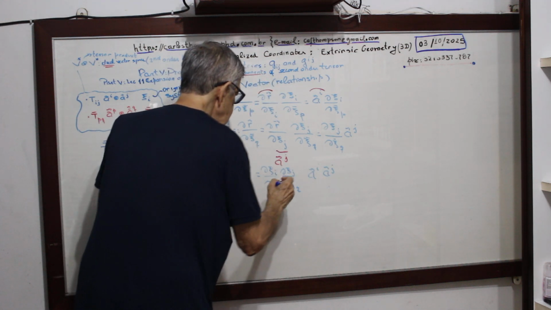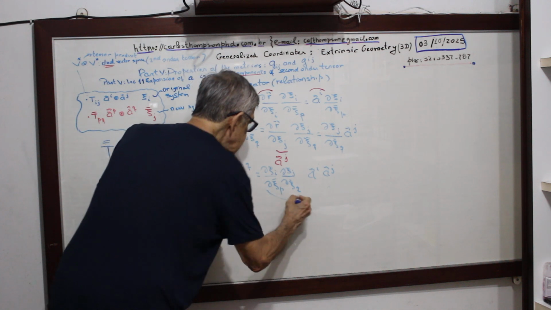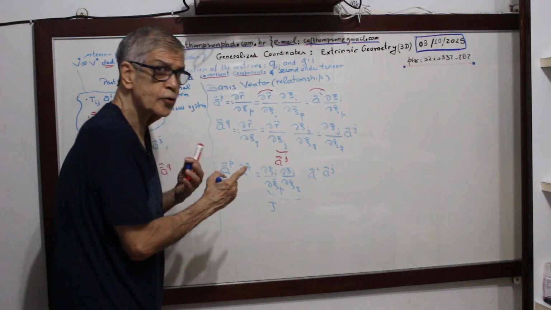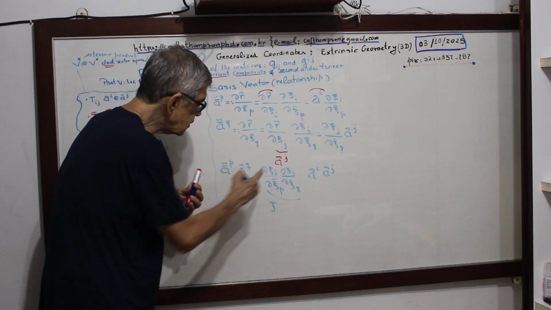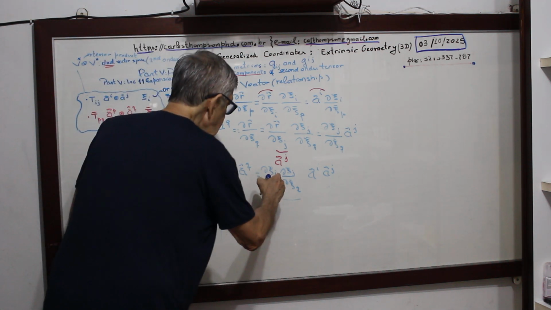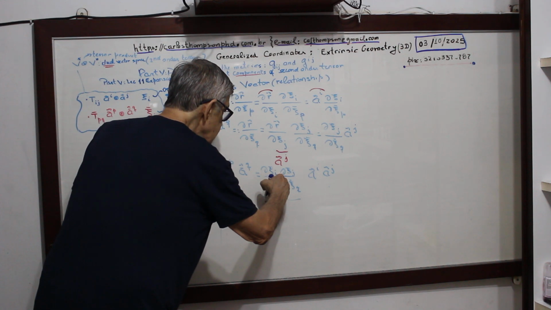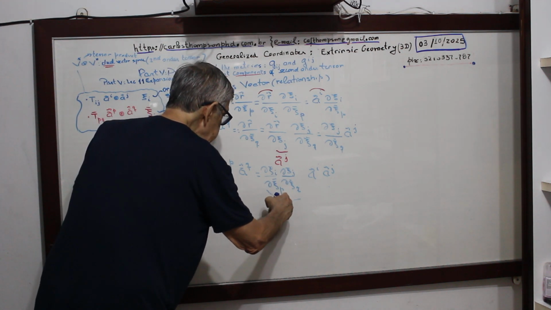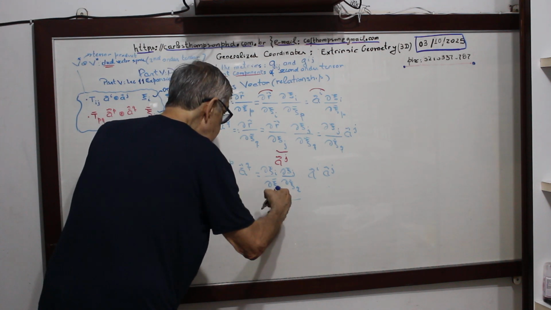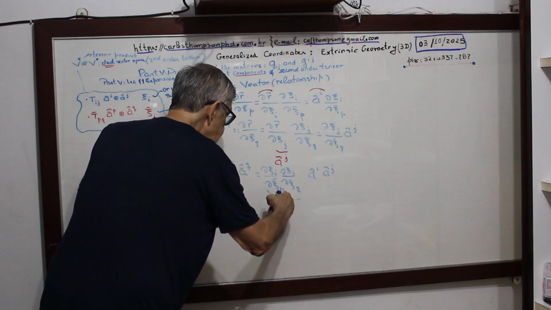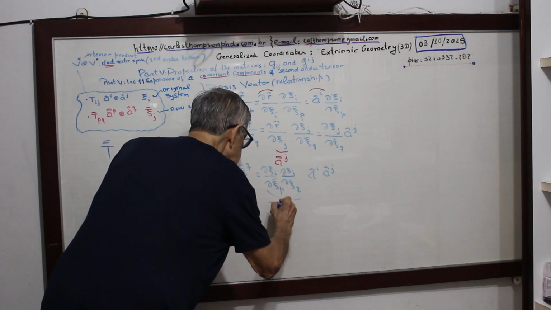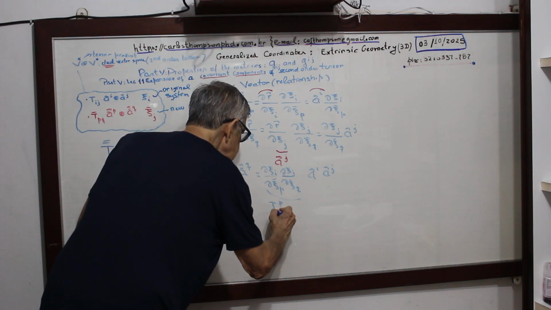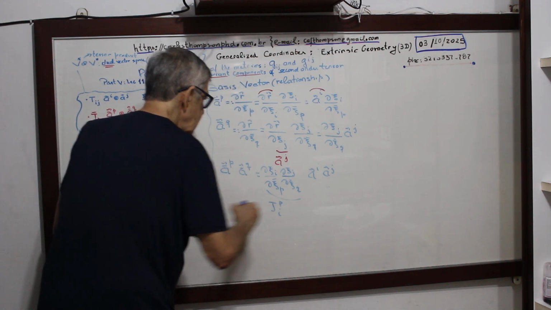So, you see, this is the Jacobian. This is in R3, a 3 by 3 matrix. So i is a lower index, and p, attention, p behaves as contravariant. So p comes here and i comes here.